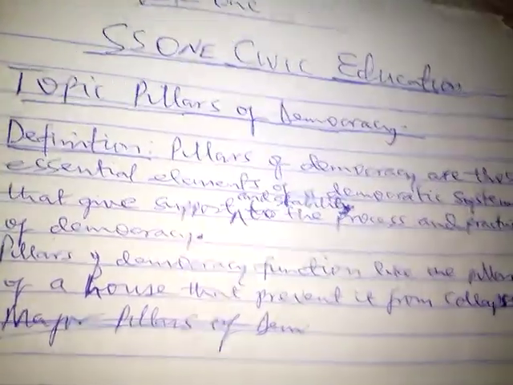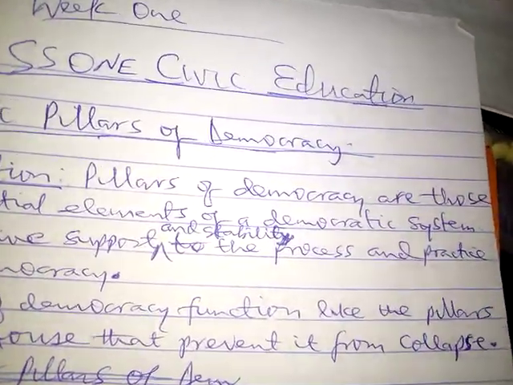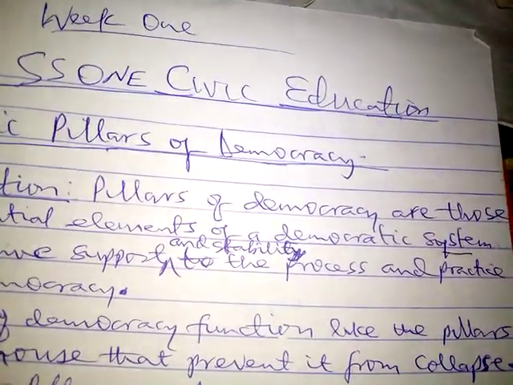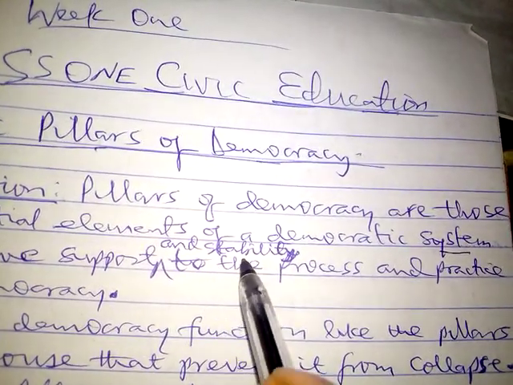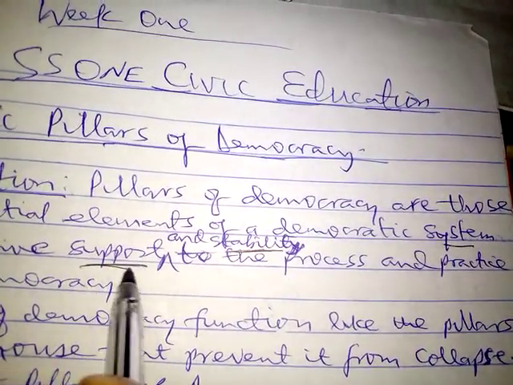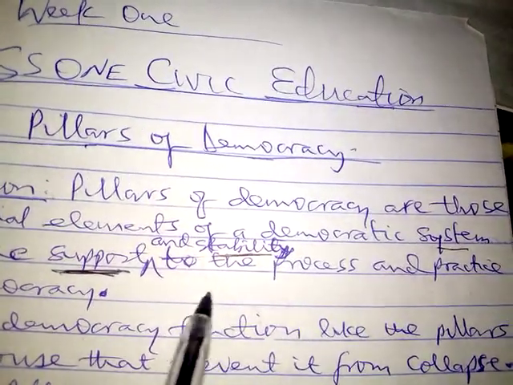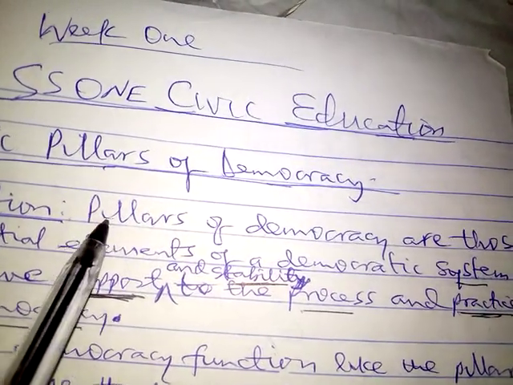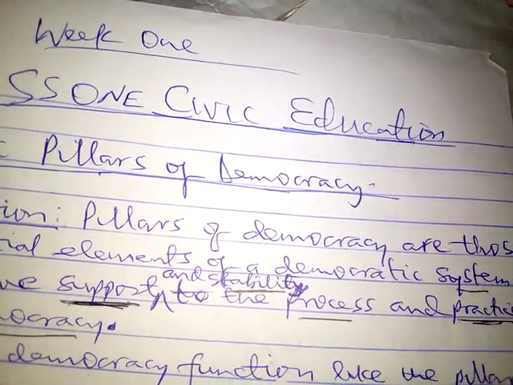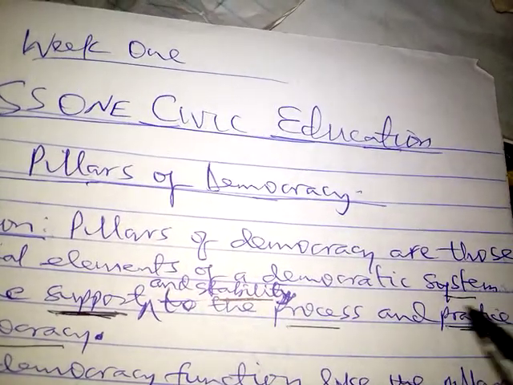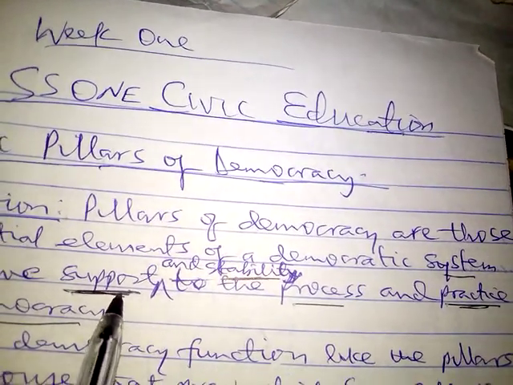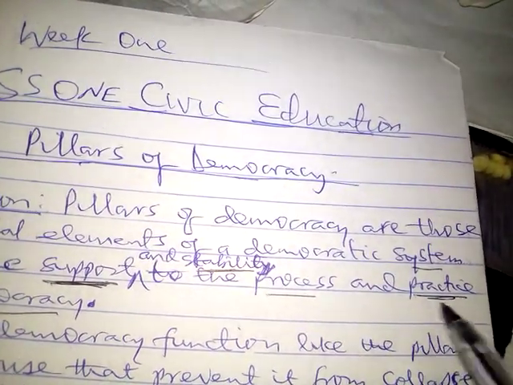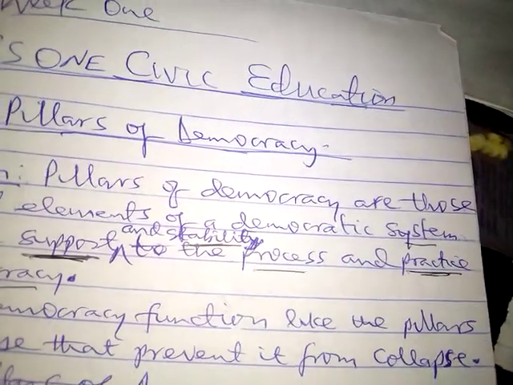As you can see on the video, pillars of democracy are those essential elements of a democratic system that give support and stability to the process and practice of democracy.